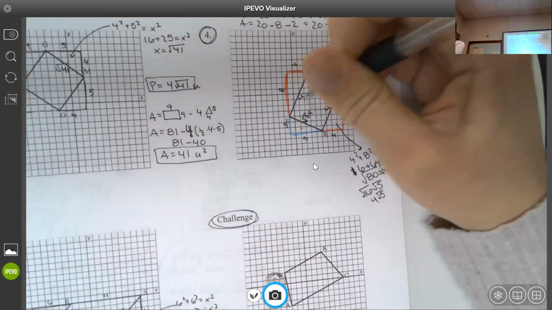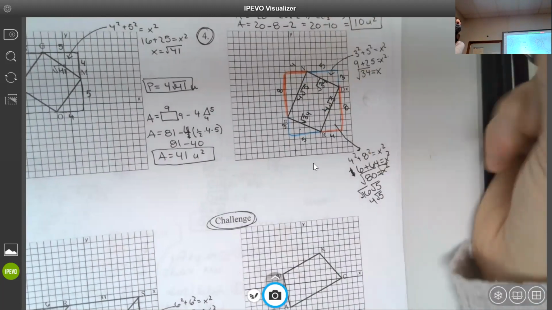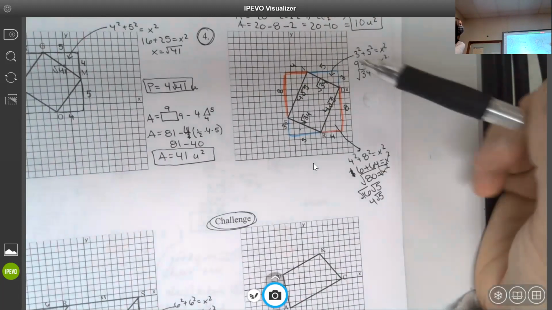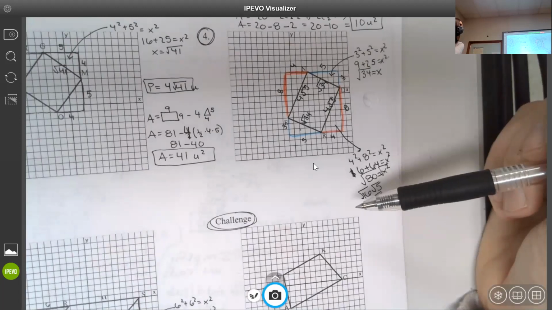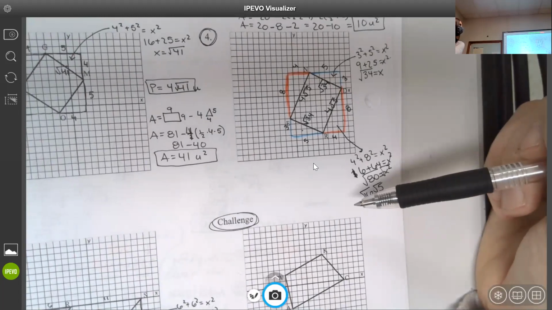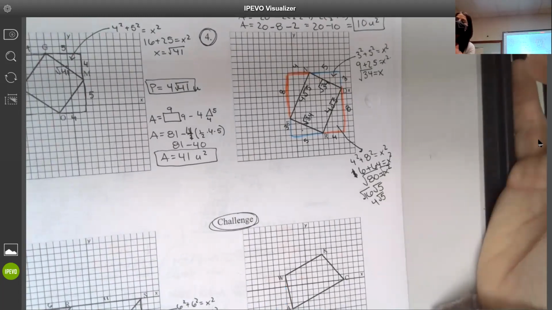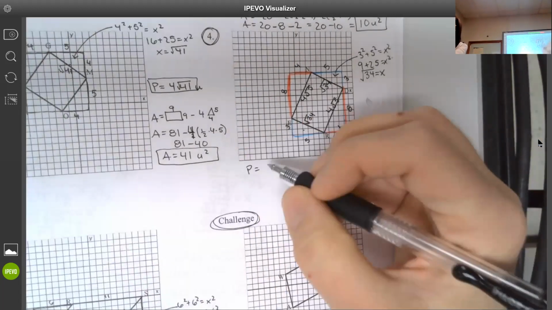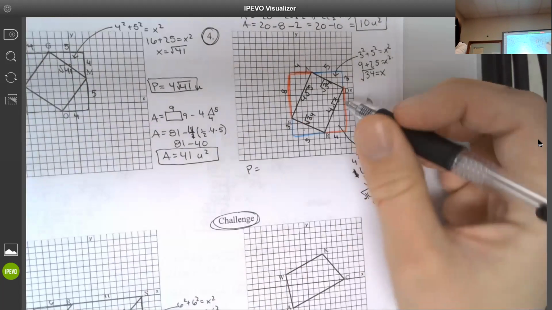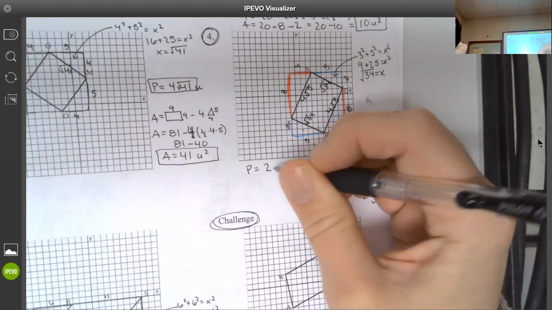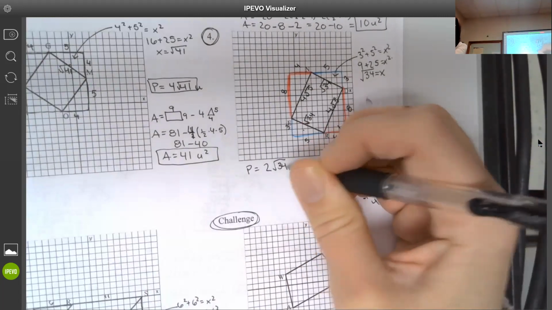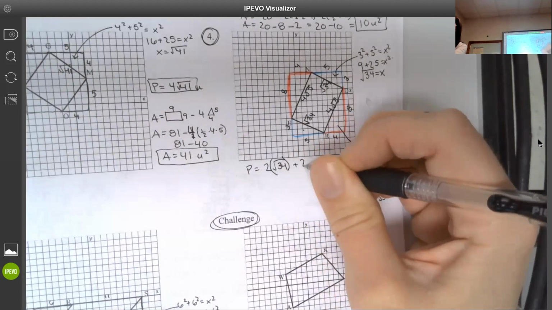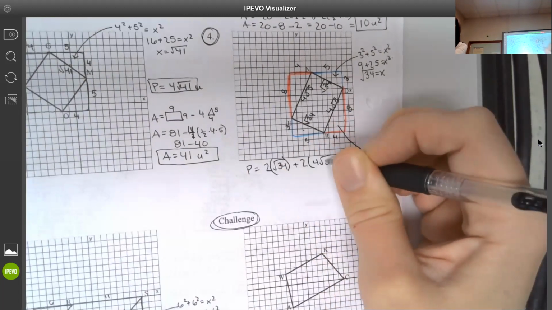Okay, so that's a lot of upfront work. Now that I've done that, it's always going to feel the same how perimeter and area work out. So perimeter being adding all the way around the triangle, I can either write each side out, or because these are the same, I can say I have 2 sides that are the square root of 34, plus 2 sides that are 4 rad 5.